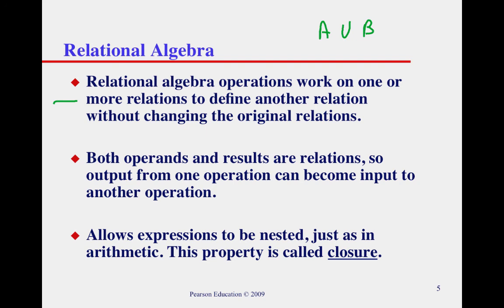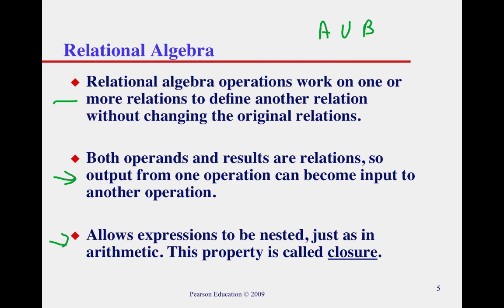Second one is that the operands and results are both relations. So it is closed in the sense that any operation you perform will produce a new relation. Point three is that you can nest expressions just like you do in arithmetic.